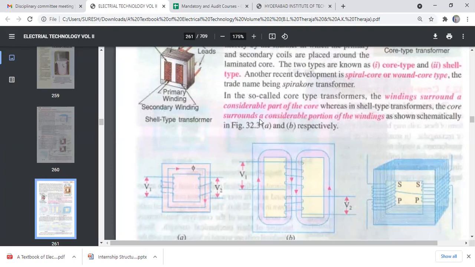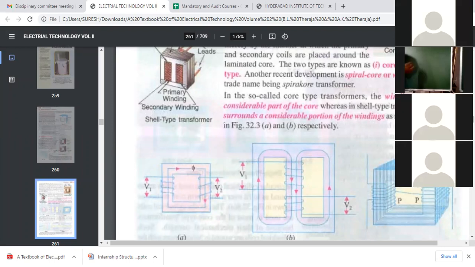See the diagram I am drawing on the board. This is the core, the iron piece.